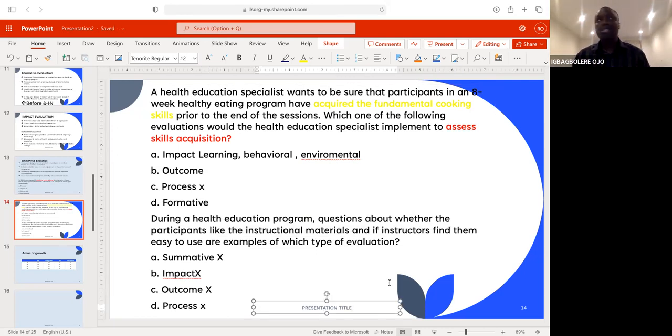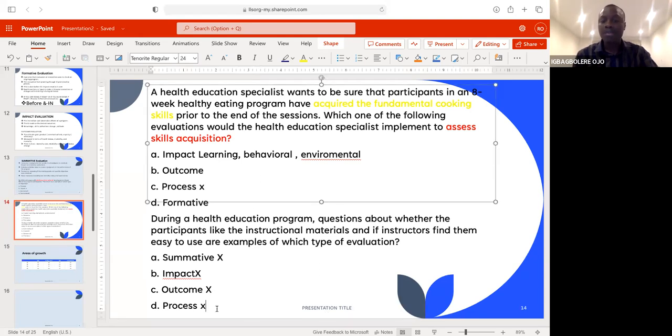You cannot ask participants in a planning phase, oh, do you like the materials, or is the program useful? It has not even been done yet. So we are talking about we have done the implementation. It has been done. So now we are trying to evaluate the process that has been implemented, and that will be a process evaluation.